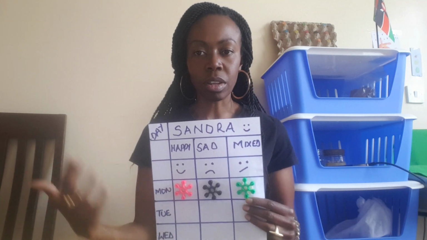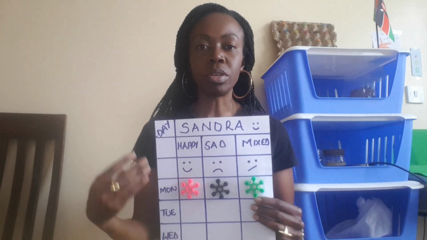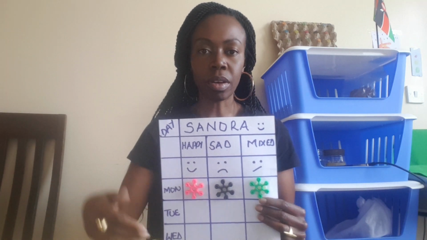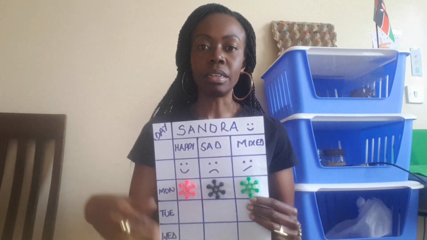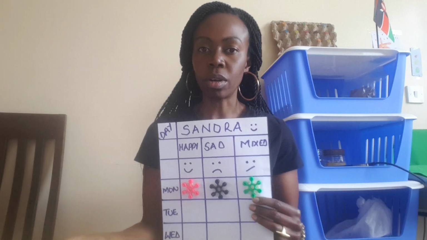So if my happy color is yellow, I'll be able to say I had a yellow day because today I was well. For example, if I had been unwell, today I was well, and I was able to do my work, and I was able to take you to school and pick you from school, or whatever it is.